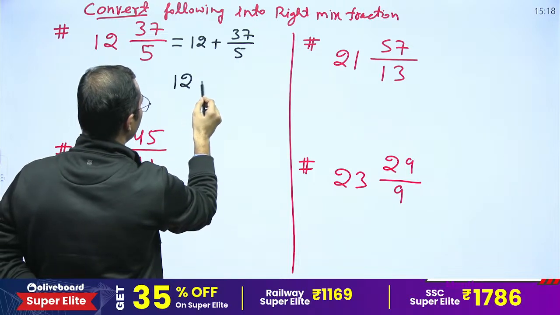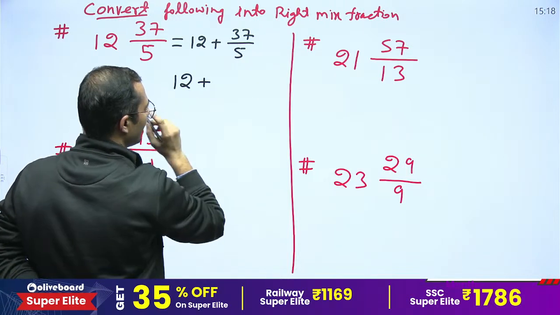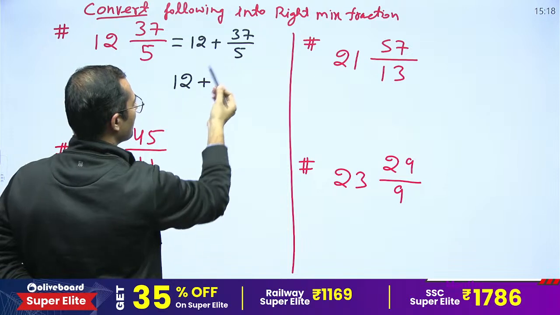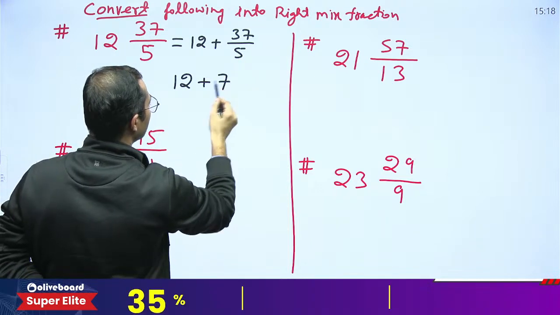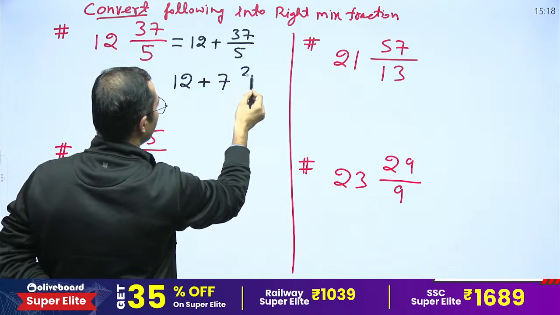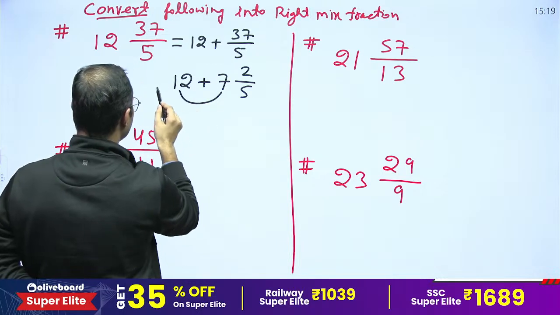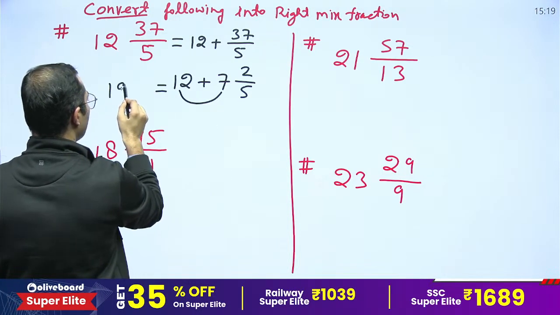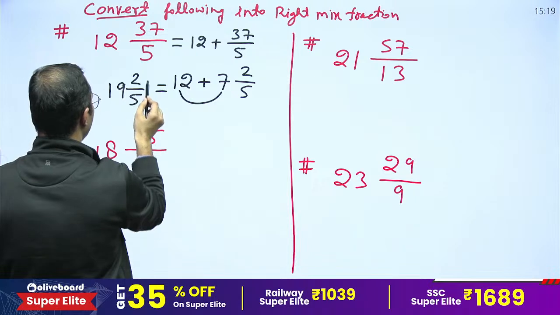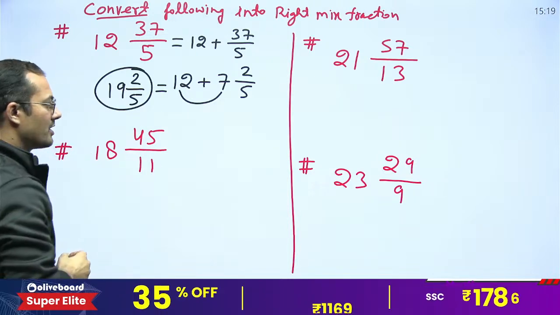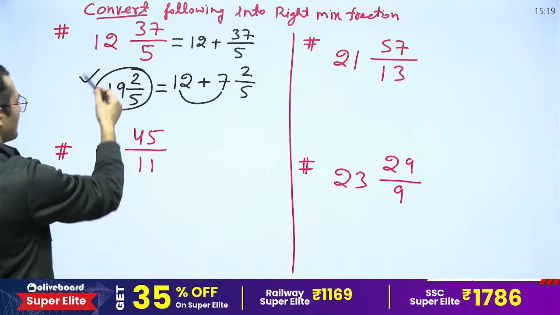So 12 plus, just divide 37 by 5. So 5 sevens are 35, 2 by 5, right? So directly we can add. So the value of this is equal to 19 whole 2 upon 5. So this is the right form of mixed fraction, right?